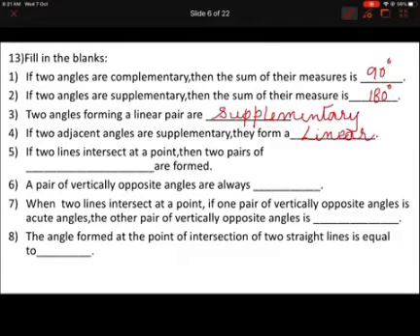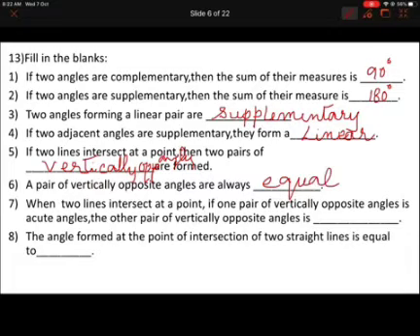If 2 lines intersect at a point, then 2 pairs of vertically opposite angles are formed. A pair of vertically opposite angles are always equal. I hope you are following.